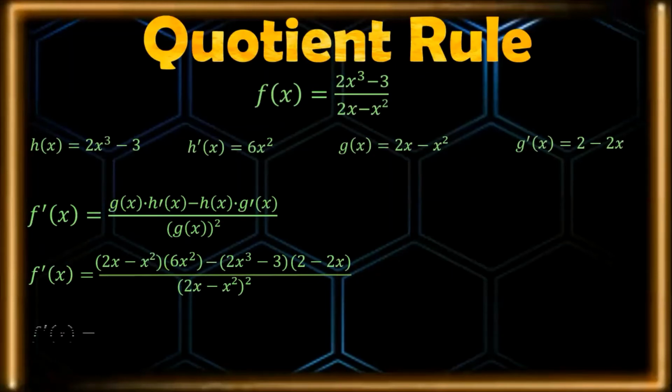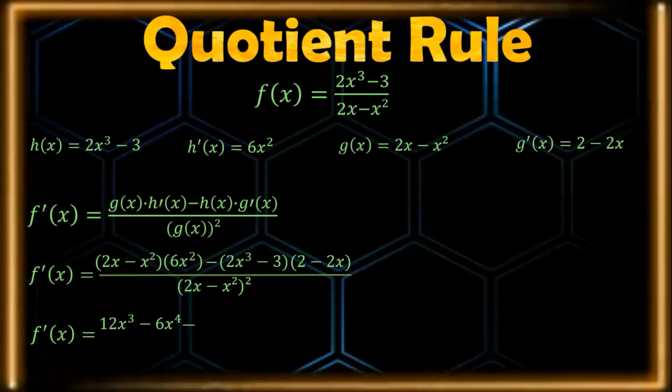Now, multiplying the numerator, first we have 2x minus x squared times 6x squared. That will give you a result of 12x cubed minus 6x to the fourth. Then minus, now this time, we are going to multiply two binomials. So in multiplying two binomials, 2x cubed minus 3 times 2 minus 2x, we will be using FOIL method.